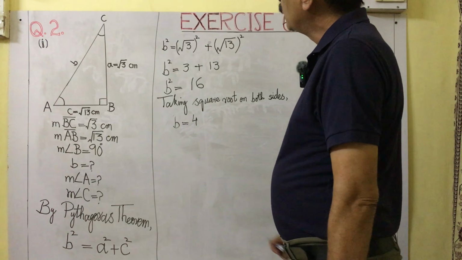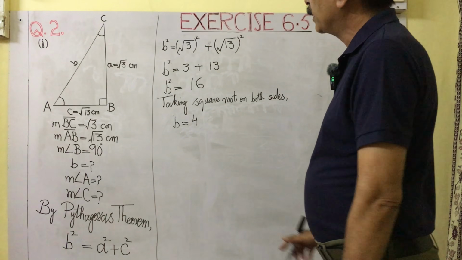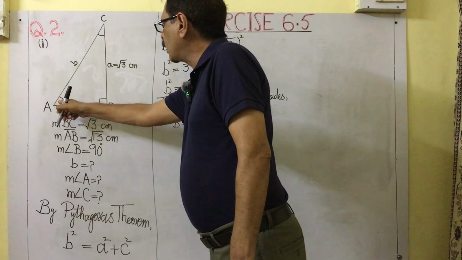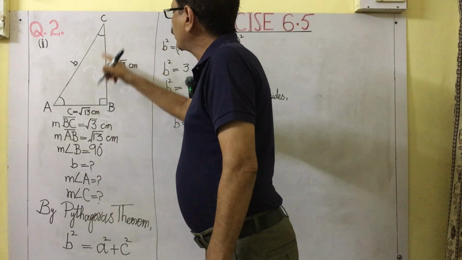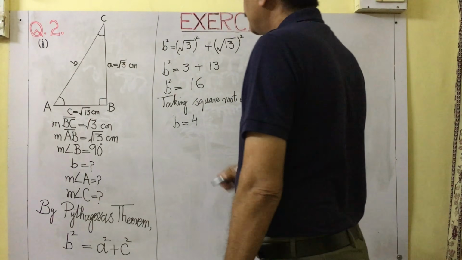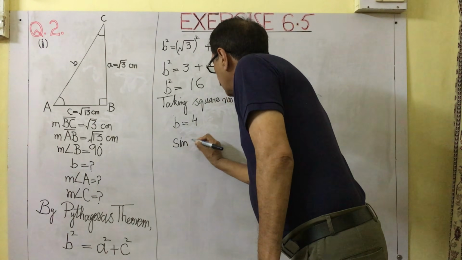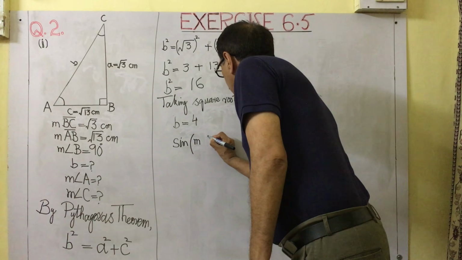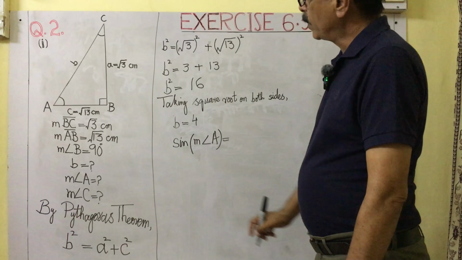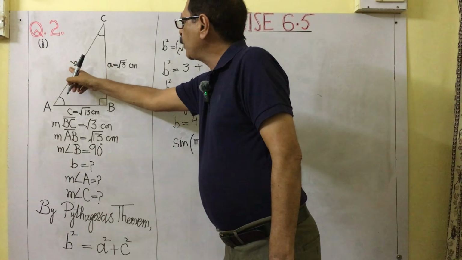After this, we will find out the measurement of angle A. We want to find angle A: base, hypotenuse, base, perpendicular, hypotenuse. So, sine of angle A is equal to perpendicular over hypotenuse.